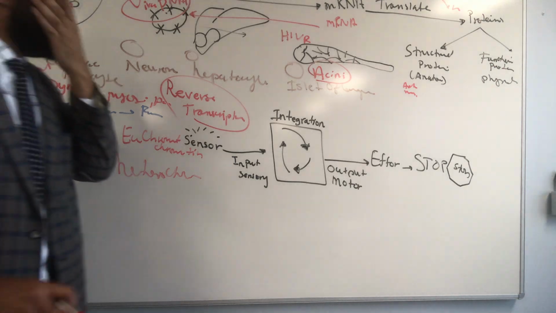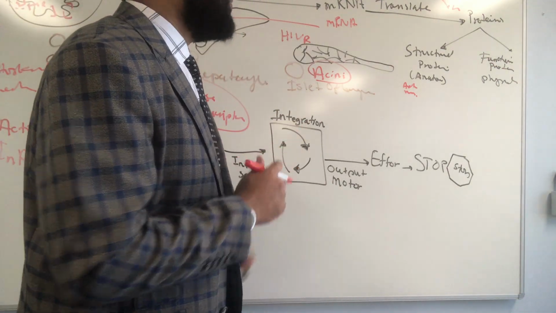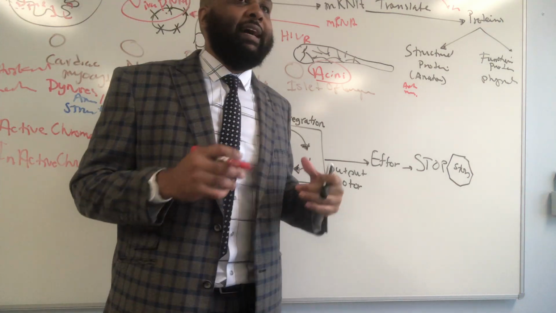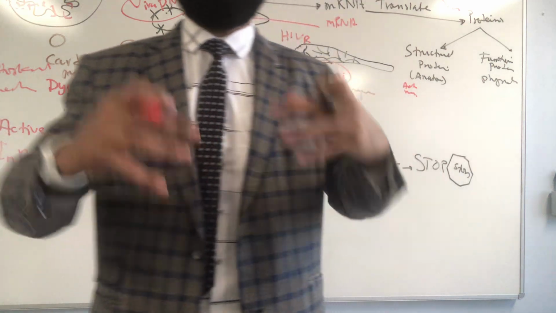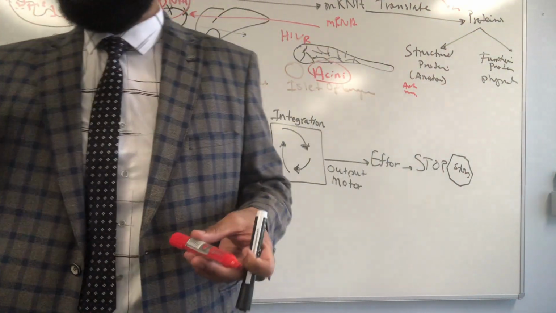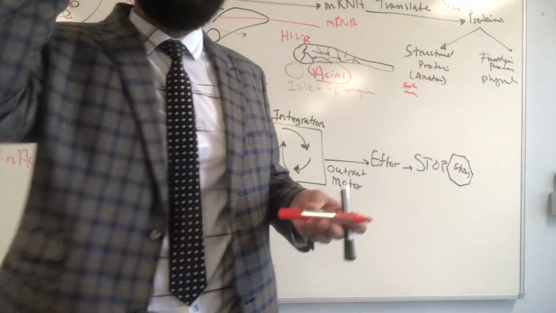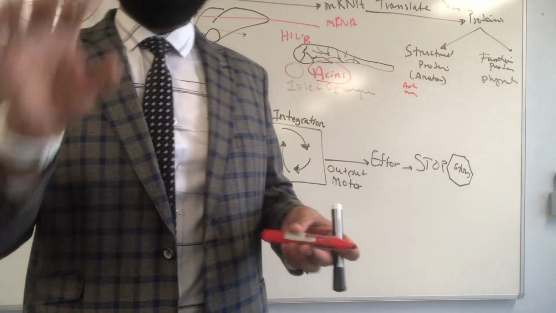Now, structural proteins and functional proteins. How is that different? Structural proteins are proteins that have mechanical jobs, or they provide structural integrity for the body. Like your nails, or the hair follicles. These are proteins, but they are there like a fence.